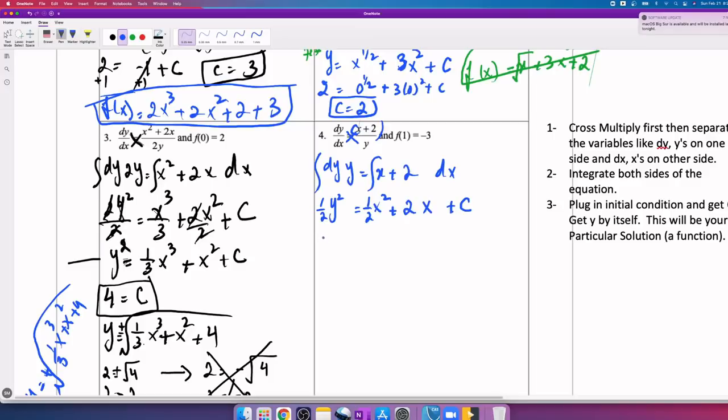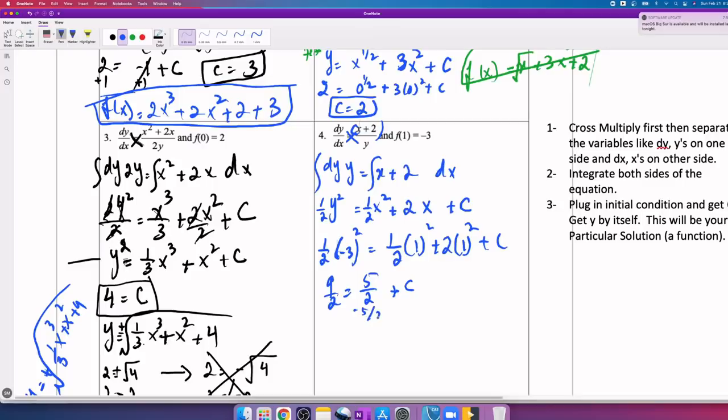So y is negative 3, so I got half of negative 3 squared equal half, and 1 is my x, 1 squared plus 2, plus c. 3 times 3 is 9, 9 over 2. That's half plus 2 is going to give me 5 over 2. You guys can do the fractions, plus c.